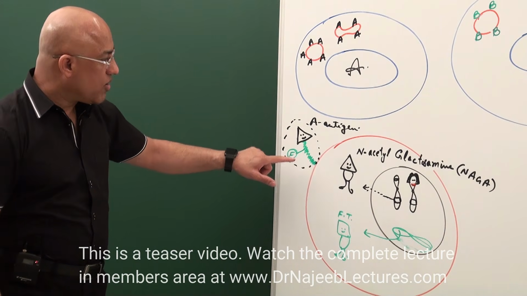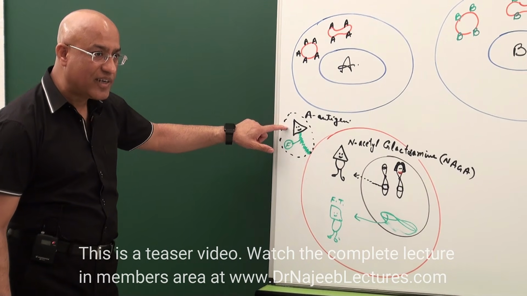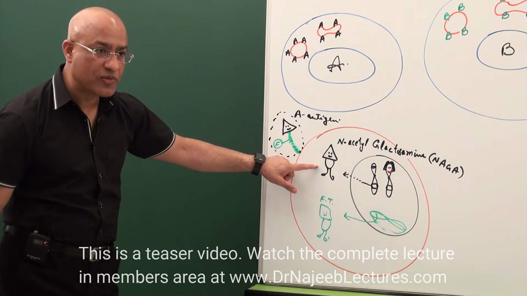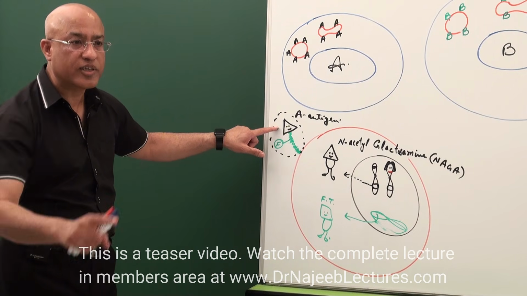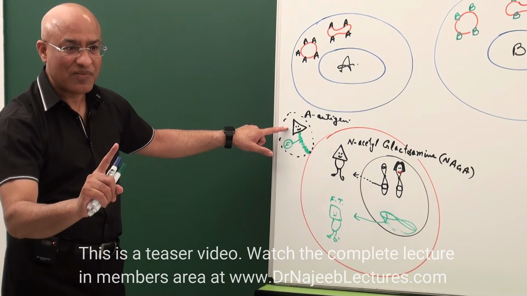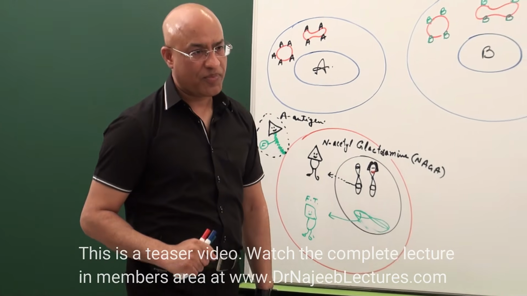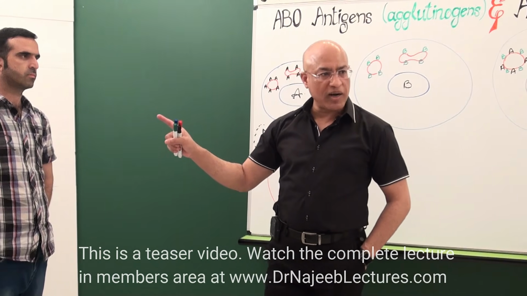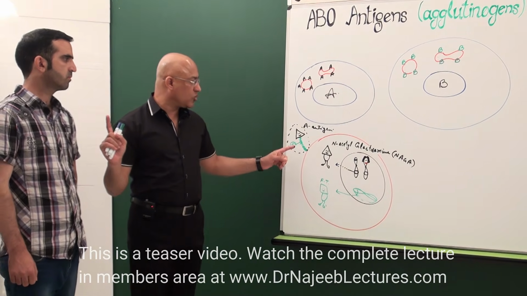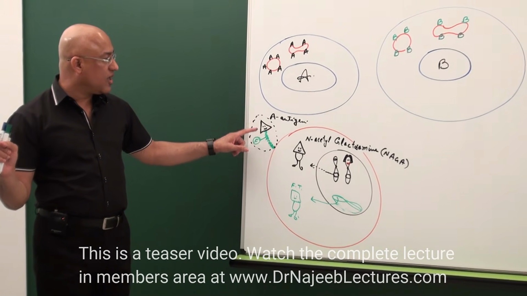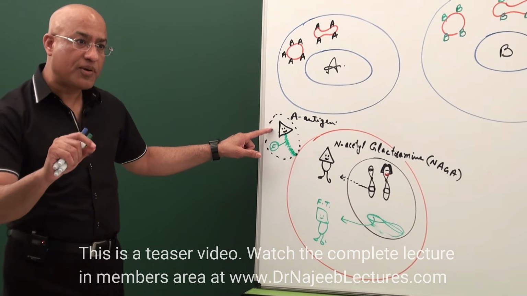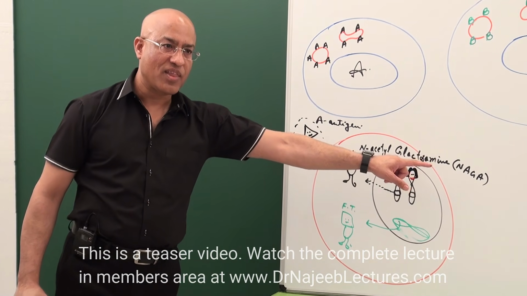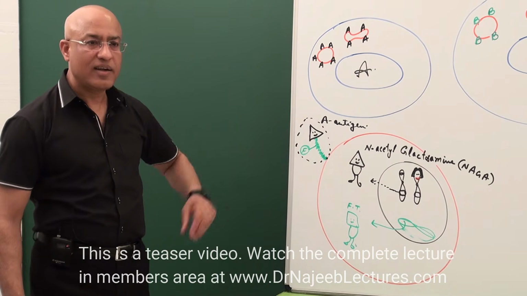Or we can say, when N-Acetyl galactosamine is added to H substance by the help of this transferase, then H substance is converted into which antigen? A antigen. Right? So all those people who have blood group A, like him, initially produce H substance. That's right. And then they do transfer activity of a special terminal sugar, N-Acetyl galactosamine, and then this whole molecule is called A antigen.